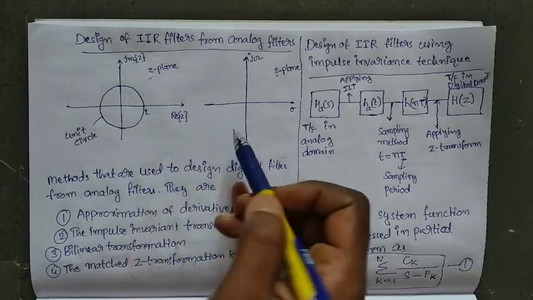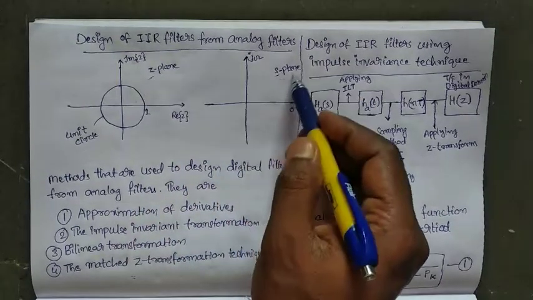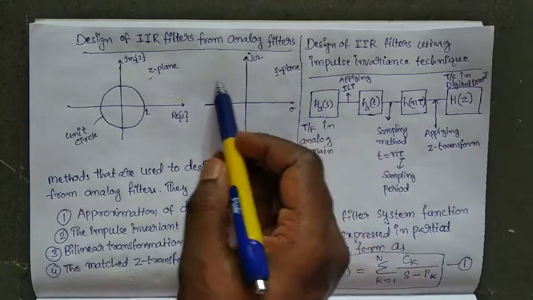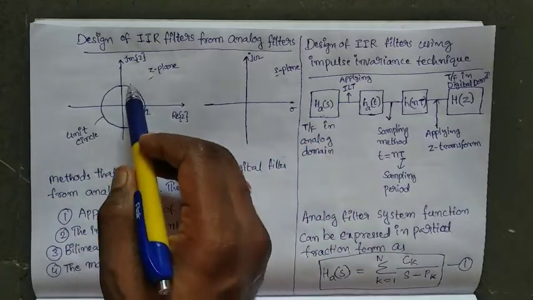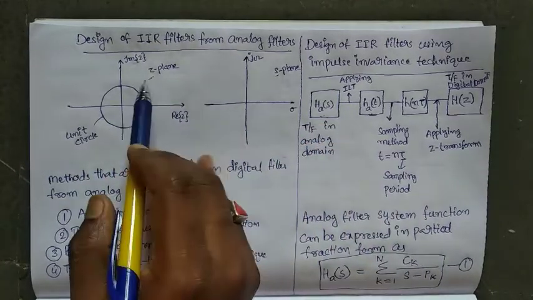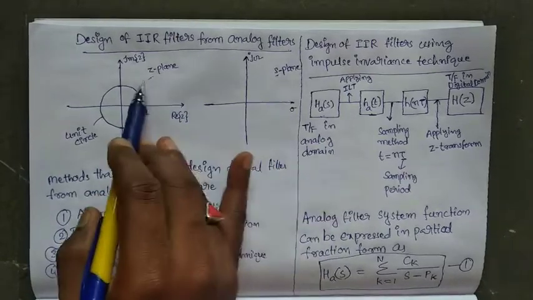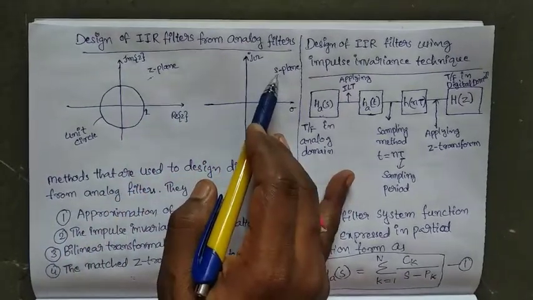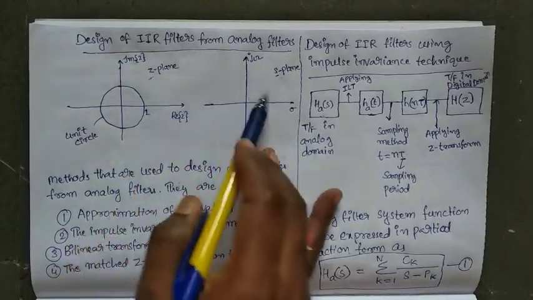The first property is that the j omega axis in the S plane can be mapped into the unit circle in the Z plane. This gives a direct relationship between the frequency variables S and Z in the two domains.